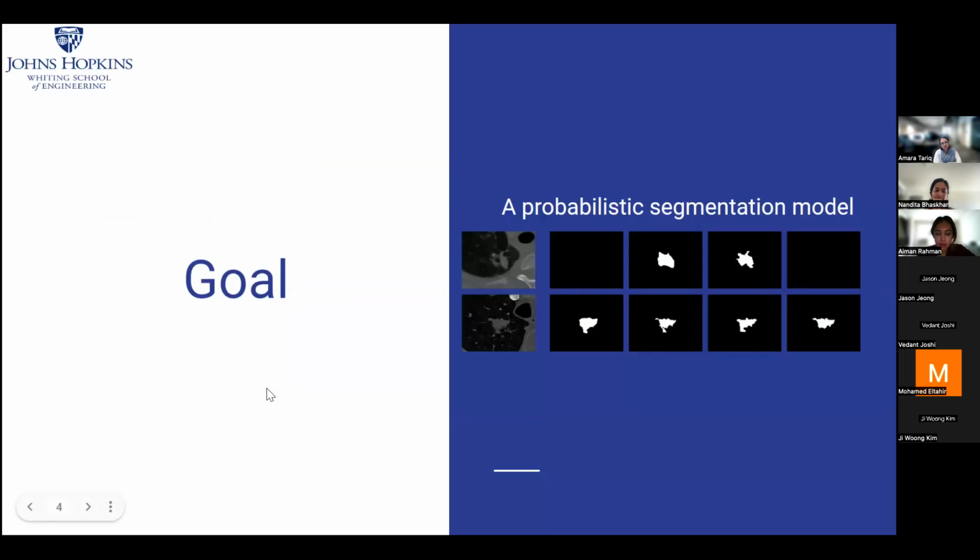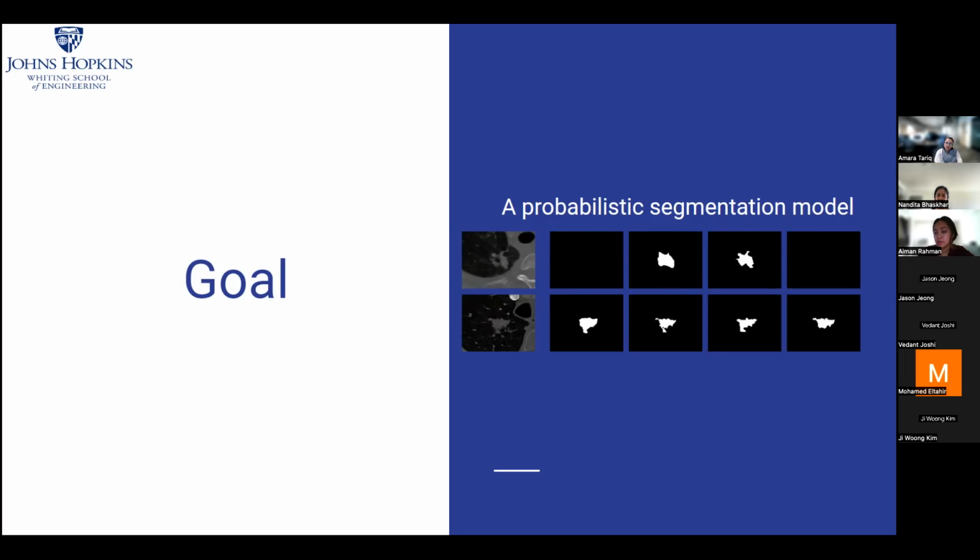Ultimately, the goal is to develop a segmentation model that can be probabilistic, meaning for one single image, you should be able to generate multiple masks, but they should be realistic as well. In this case, for this particular image, you have two different masks which are blank, and then you have some segmentation masks for the same image as well.